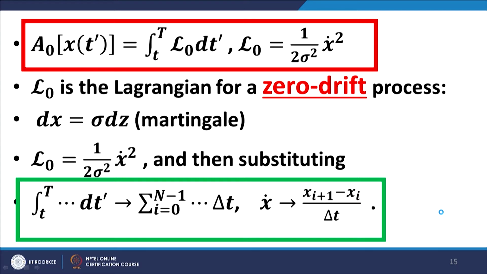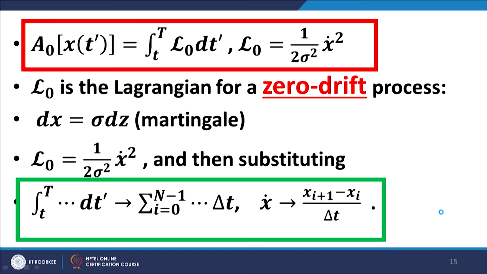This is a driftless Brownian motion, and the Lagrangian corresponding to this driftless Brownian motion is denoted by L0, which takes the expression 1 upon 2 sigma square x dot square, which when we discretize, we get the expression as you can see in the green box.